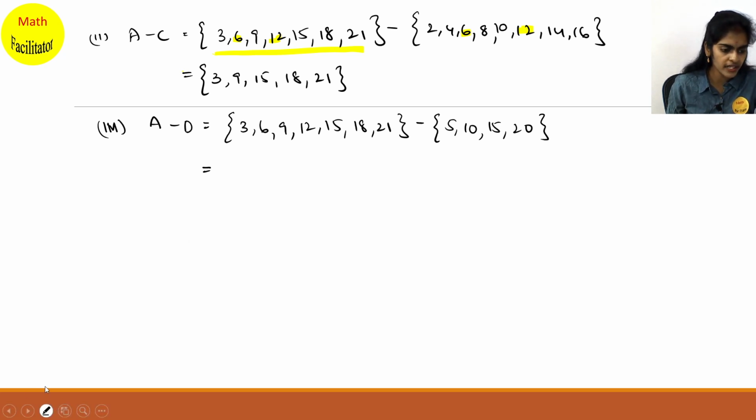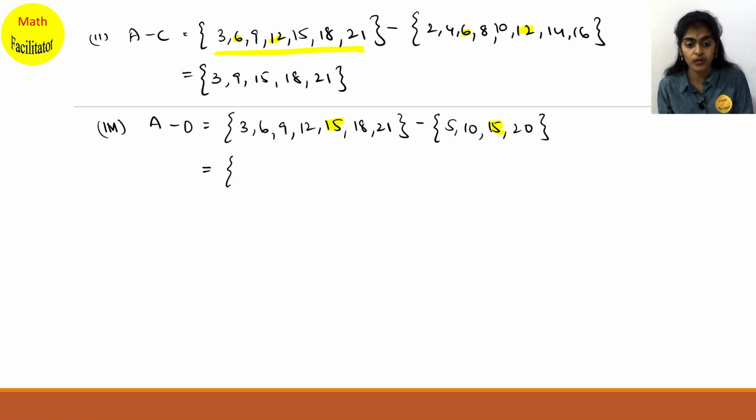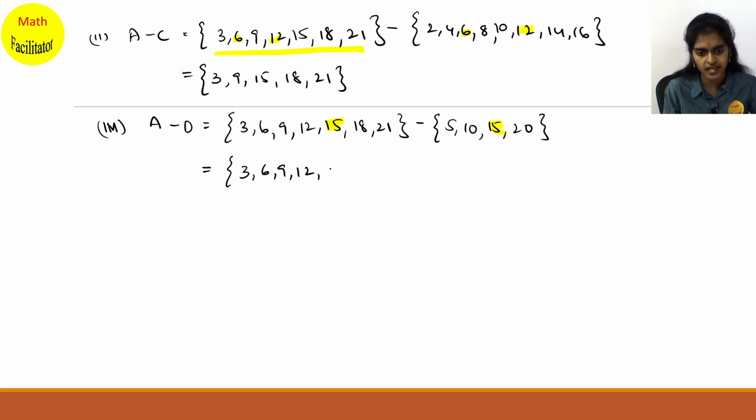Now what are my common elements here? You have 5, 10, 15. 15 is here and here also, so 15 is the only common element. So I am just removing 15 from the set A. So what is remaining here? You have 3, 6, 9, 12, 18, 21.